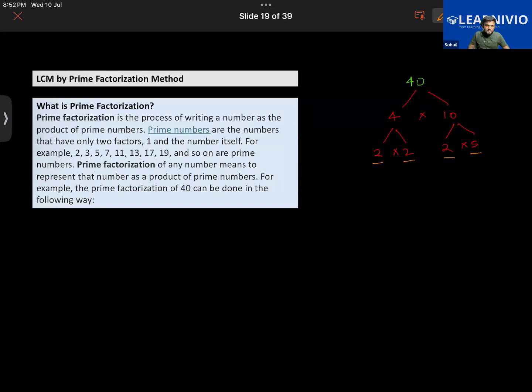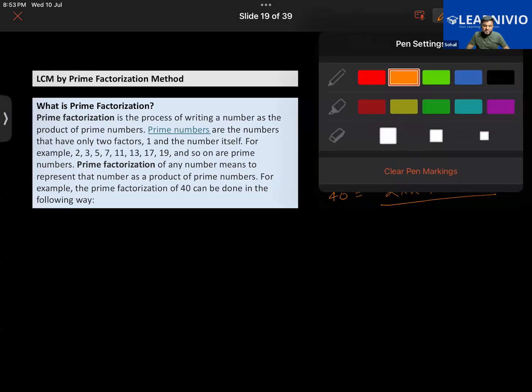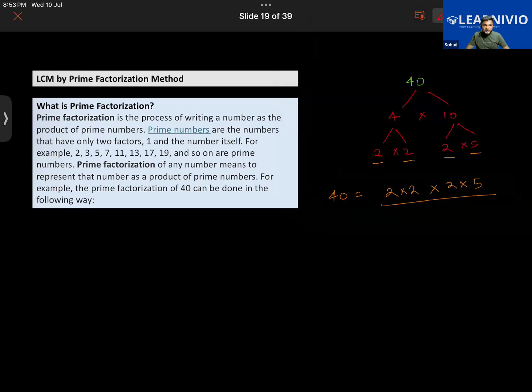So the prime factorization of 40 is 2 times 2 times 2 times 5. That is the prime factorization of the given number 40. So hope that is clear to you.